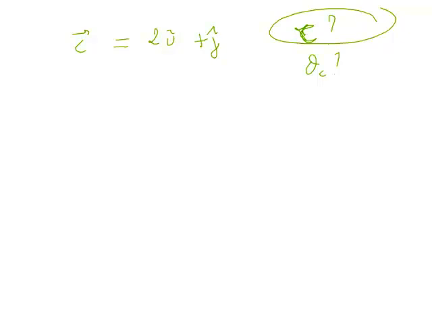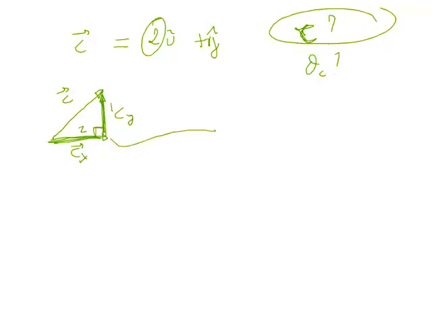But remember, since we decompose any vector into a right angle triangle, if this is C, this is C_x, and this is C_y. Therefore, this length here is 2, and this length here is 1. Since C_x and C_y are perpendicular to one another, we can use the Pythagorean theorem, which tells us that the magnitude of C is nothing else but the square root of 1 squared plus 2 squared.